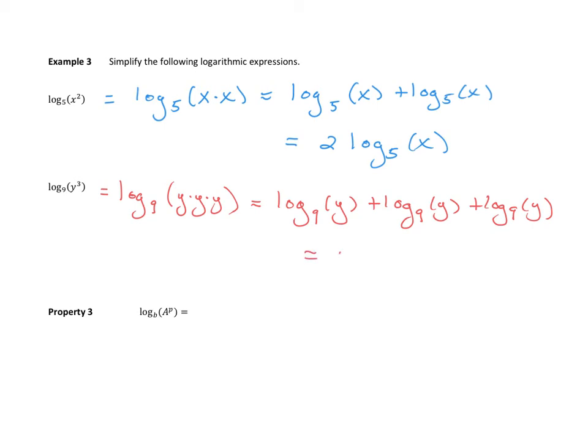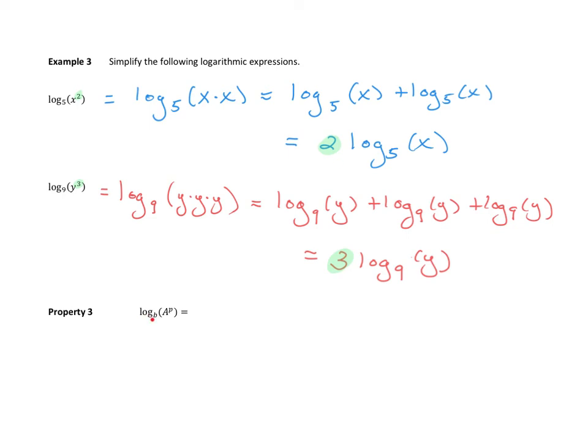So you could write this as 3 log base 9 of y. The big takeaway is that here we had an exponent of 2, and the number out in front was a 2. Likewise, this was a cubed, and here that really just means we have a 3 out here. This trend continues forever. Had this number been 20, there would have been 20 of these things in a row, and the number 20 would have been out front instead of a 2.